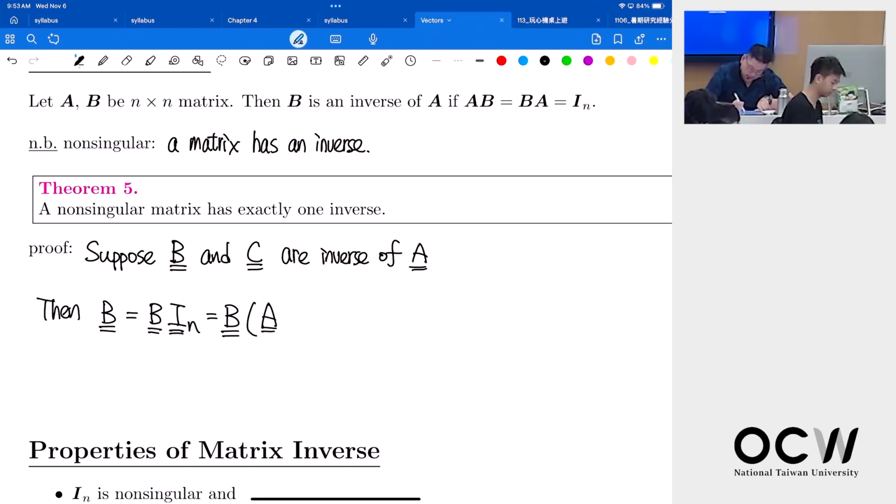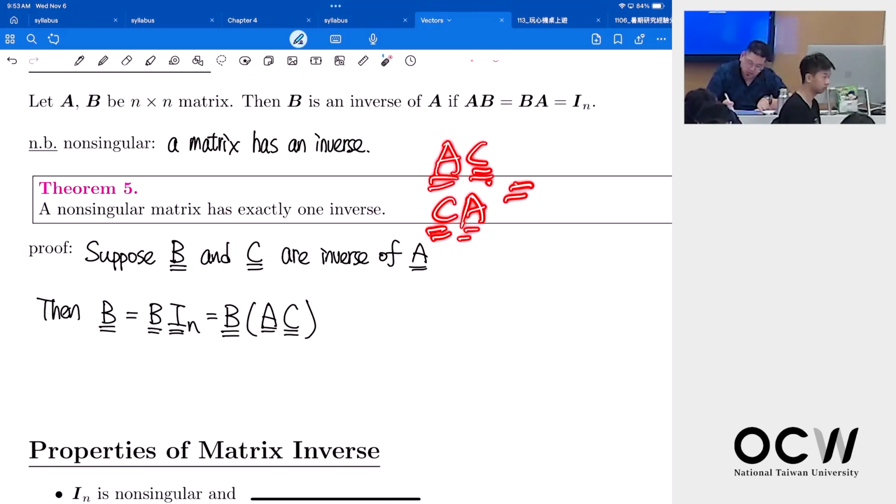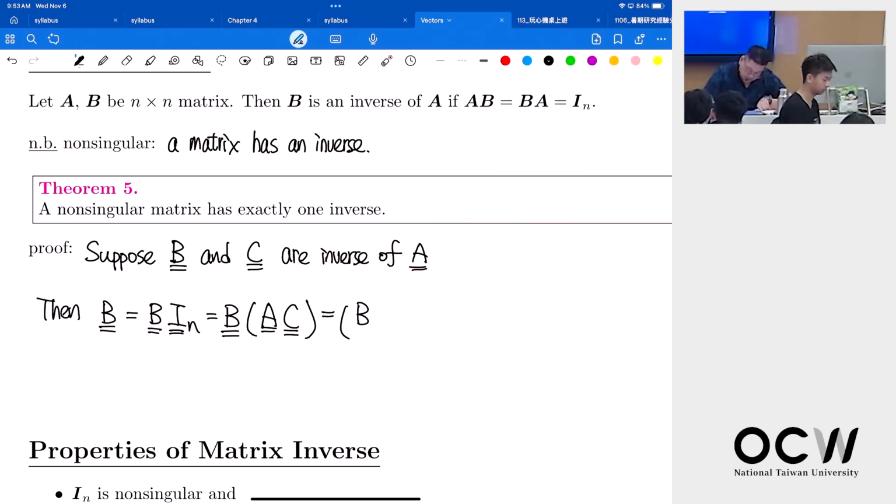That's A times C. Because C is an inverse of A, so AC or even CA should be the identity matrix. So that's why I can replace it with AC. Then we can take the product first, BA times C.